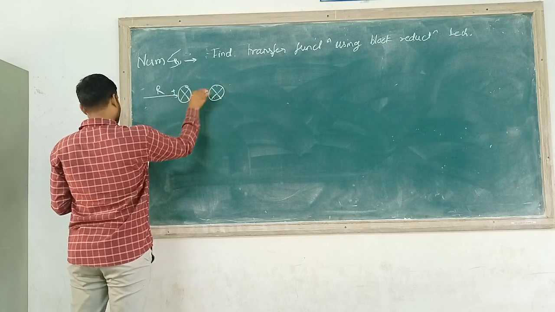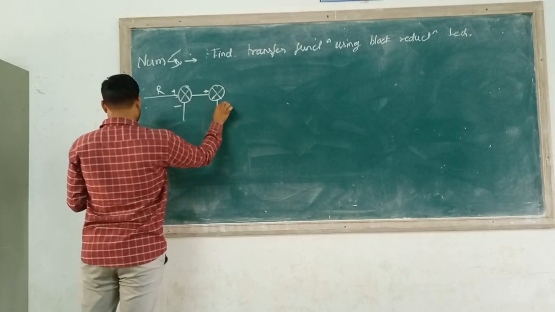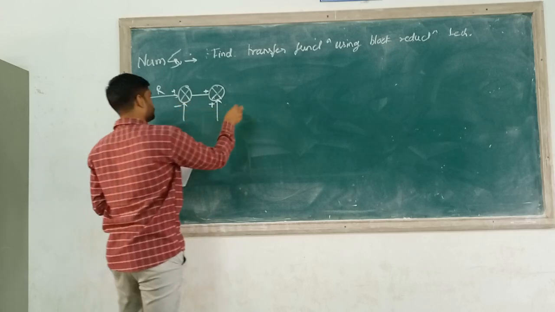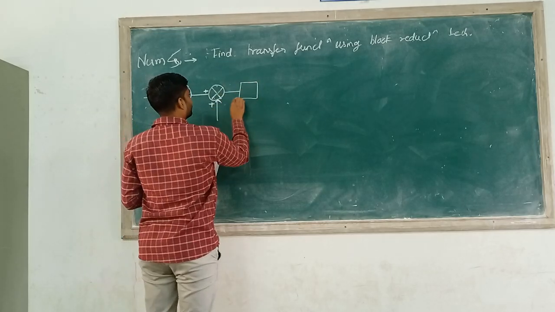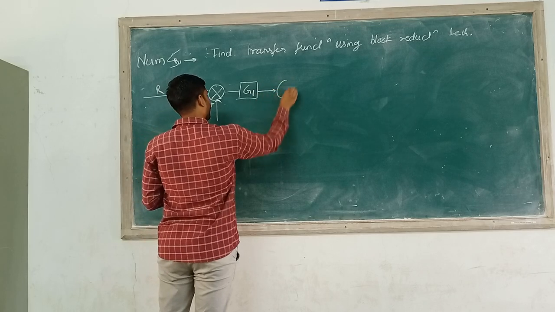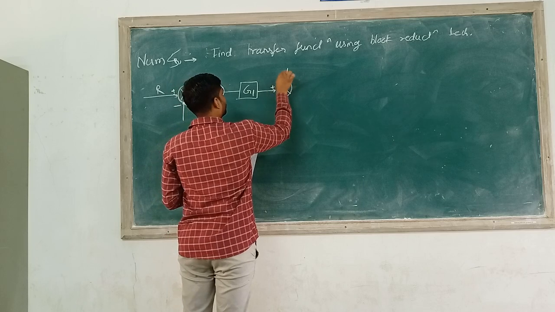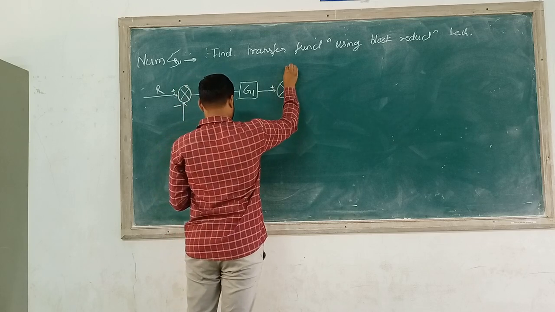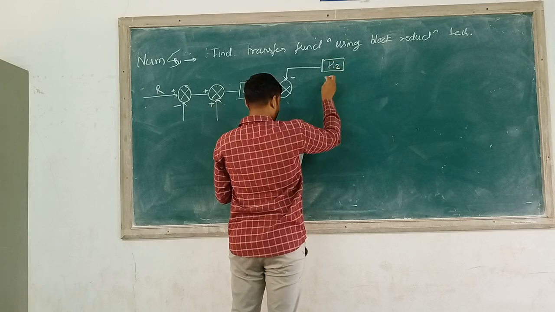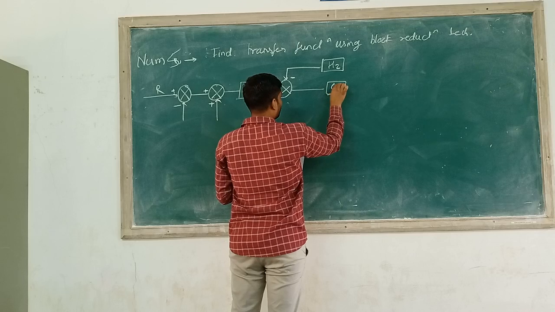Initially, we are getting to some points here. G1. Feedback loop. We have 2. This is G2.